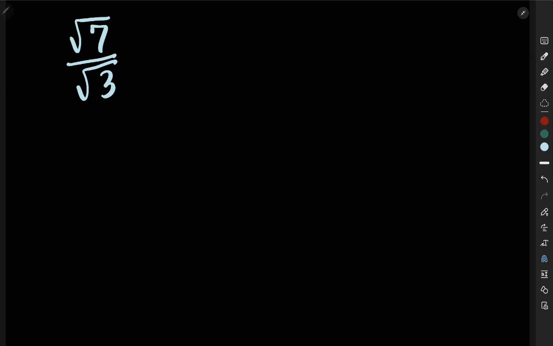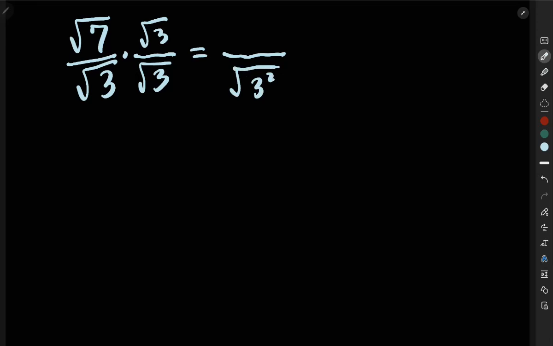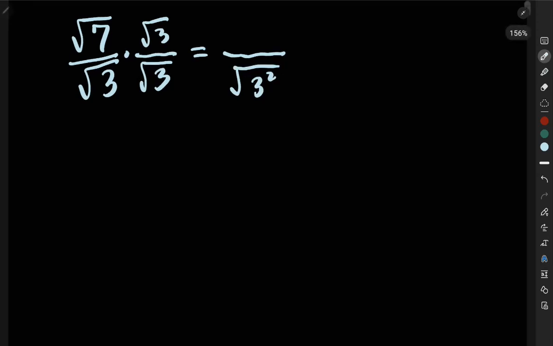Alright, so let's continue. So to remove that square root at the bottom, you are going to multiply it by itself. So that it becomes square root of 3 squared, because 3 times 3 is 3 squared, or 9. Right? And then on top is 7 times 3, and that is square root of 21.